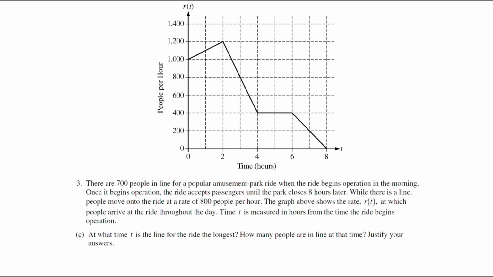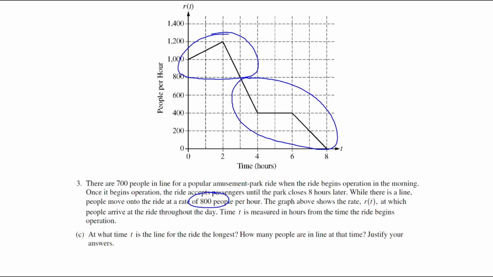So, in order to figure out at what time t is the line for the ride the longest, we need to take into account that the ride has more people getting in line for it than they can put on from 0 to 3. But after that, the number of people in the line is decreasing because the rate at which they're arriving is less than 800. So more people are getting on the ride than are showing up.